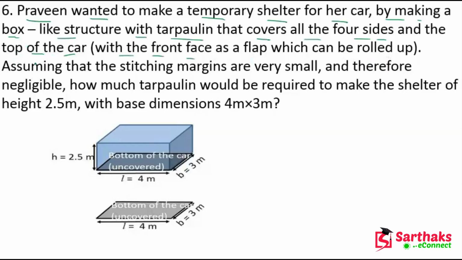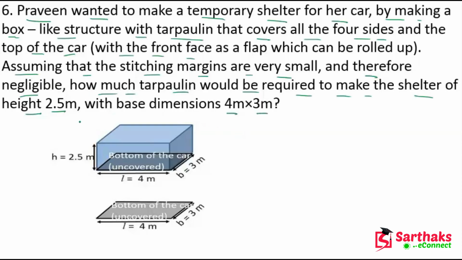Assuming that the stitching margins are very small and therefore negligible, how much tarpaulin would be required to make the shelter of height 2.5 meter with base dimension 4 meter into 3 meter?